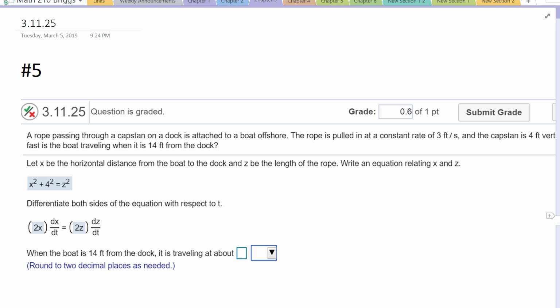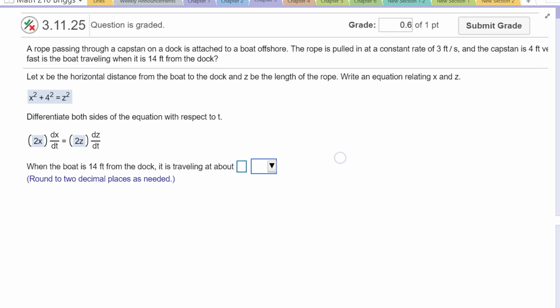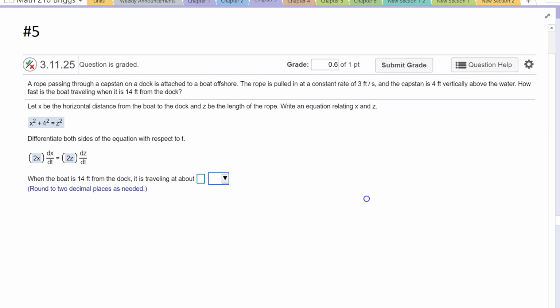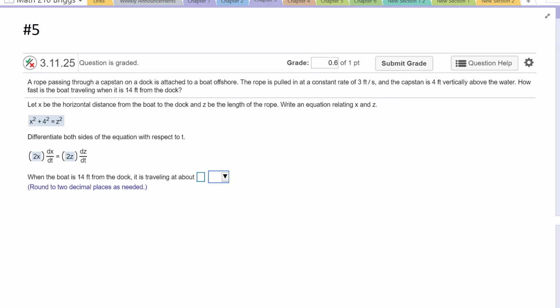The next question is from 3.11. You have to come up with an equation relating x and z. A rope passing through a capstan on a dock is attached to a boat offshore.